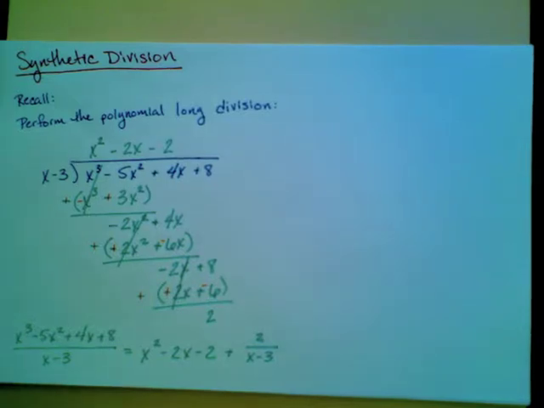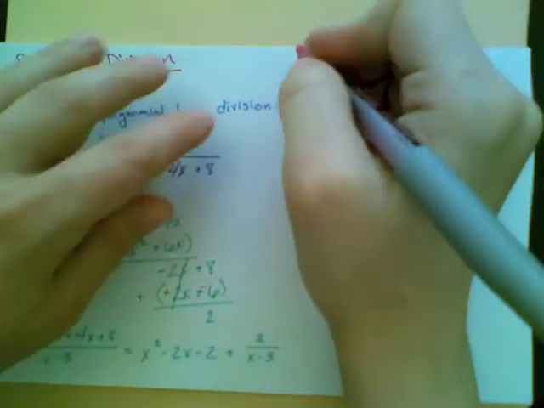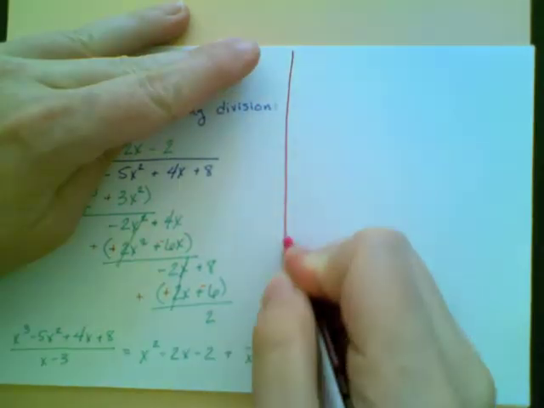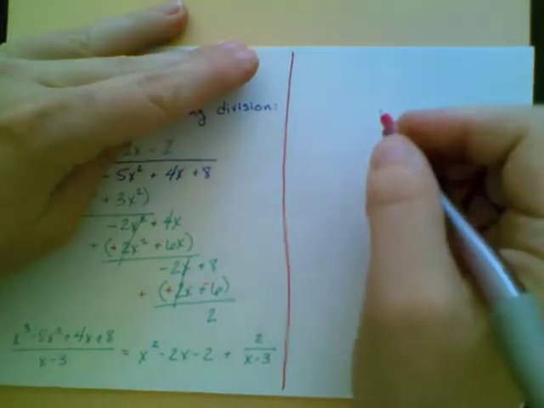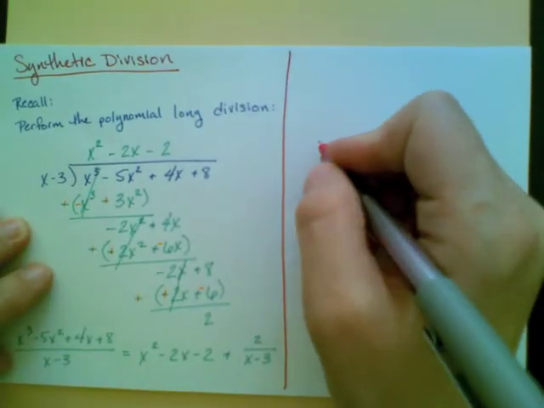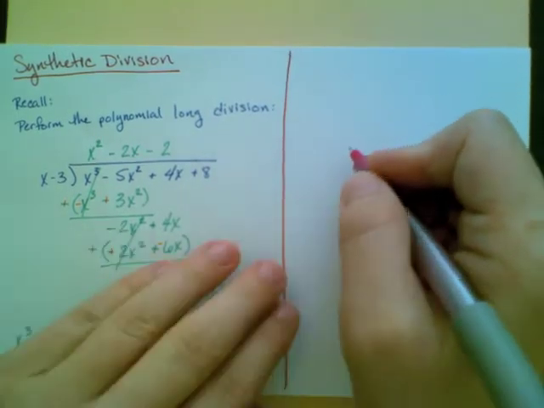Now that's polynomial long division. That is all technically a prerequisite for this course. Now to the side here, I'm going to introduce our synthetic division, which some people may have seen before, but is not part of the prerequisite of this course.